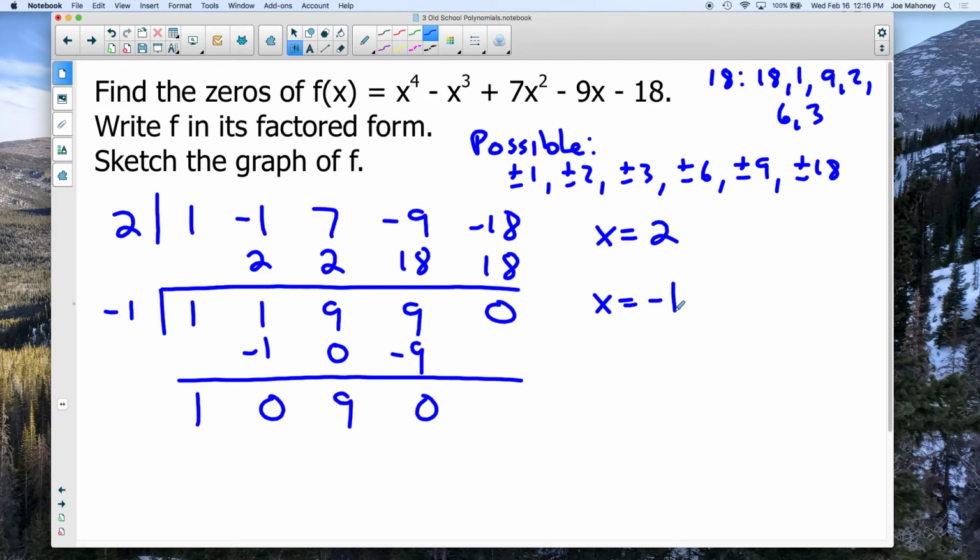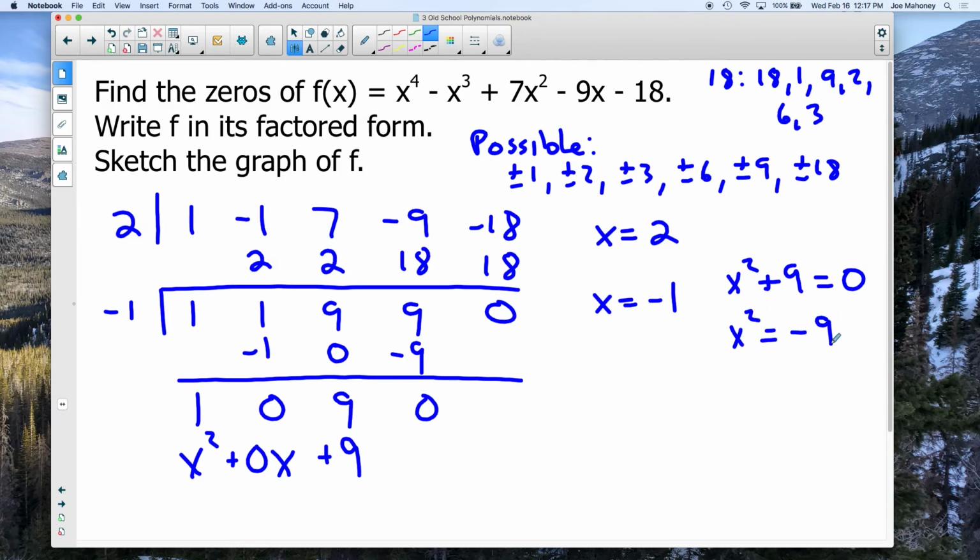Awesome. Take a look at the polynomial I have left. It's x squared plus 0x plus 9. All right, so then what I have to do next is solve x squared plus 9 equals 0. So I'm going to solve that by square root, so I'm going to subtract the 9 from both sides.